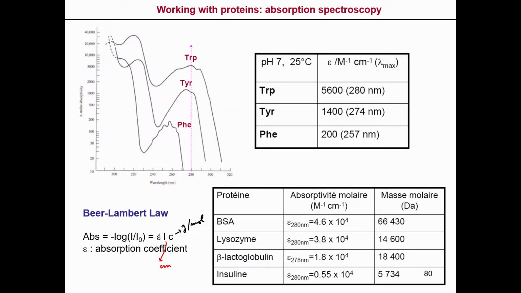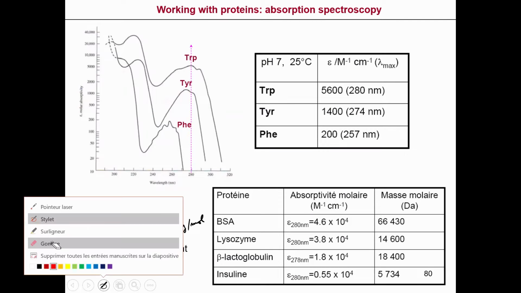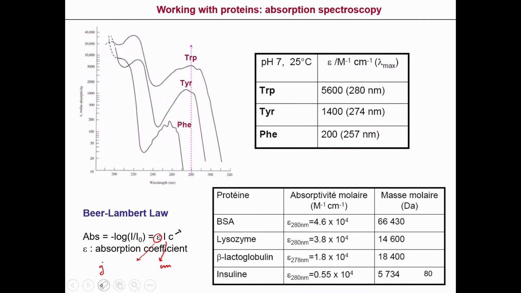Epsilon is the absorption coefficient, and c is the concentration, so it's mole per liter. So the unit of the absorption coefficient will be molar minus 1, liter, and centimeter minus 1.